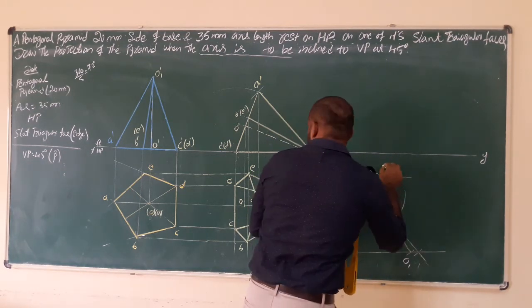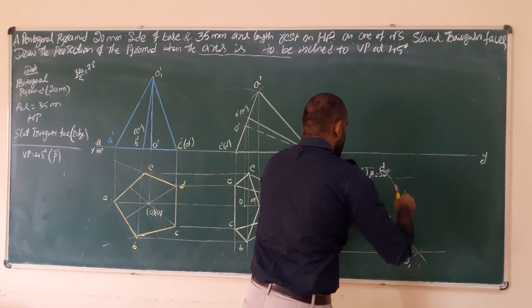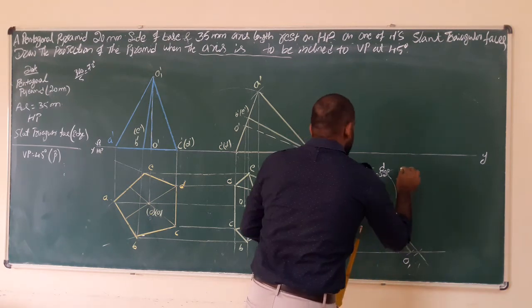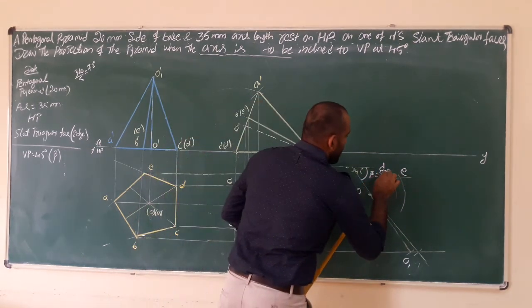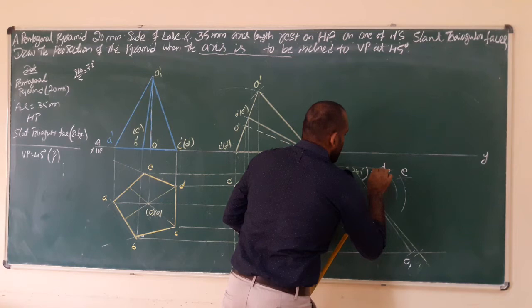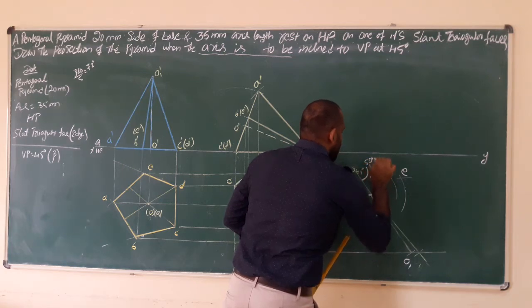That point is called D. Extend the arc. The point is called D. Beta is 52 degrees.